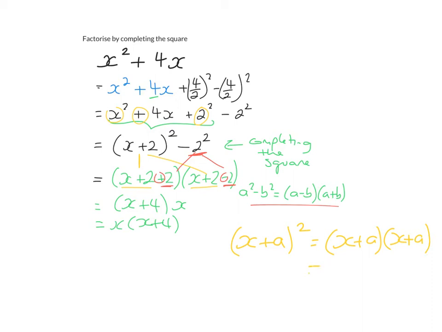And if I expand this out using FOIL, we end up with x squared plus ax plus another ax plus a squared, which becomes x squared plus 2ax plus a squared.